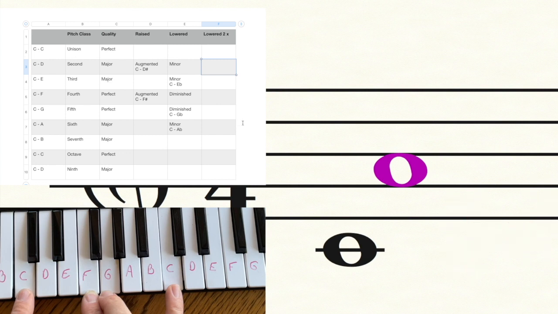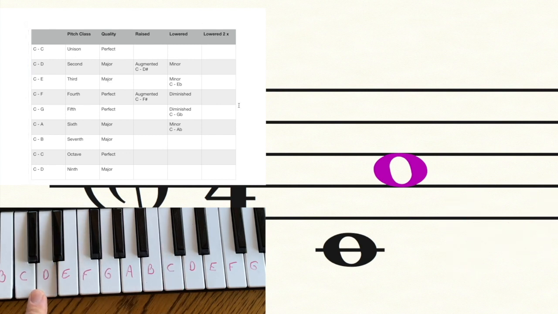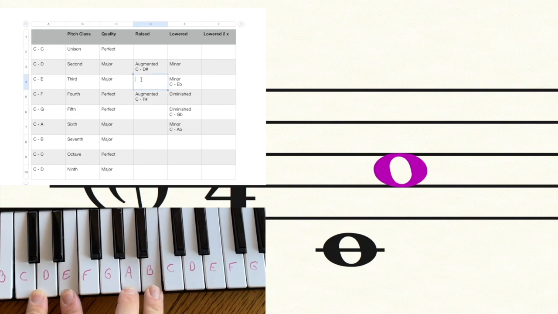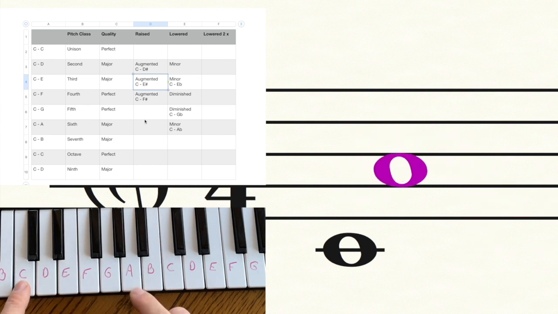Now, your second, your third, your sixth, and your seventh. Those ones are all major in your major scale, do, re, mi. And so if you lower a major interval, so here's our major six.